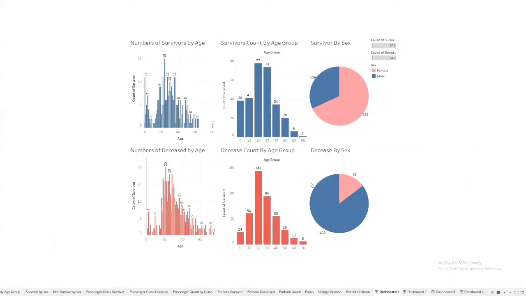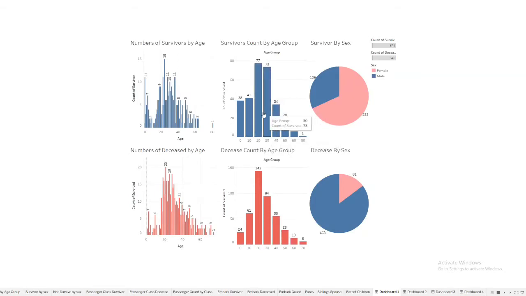So we can see here that the age with higher survivability would be age 24, because the most survivors come from age 24, but the most deaths are also from age 20, but age 24 has fewer deaths than survivors.